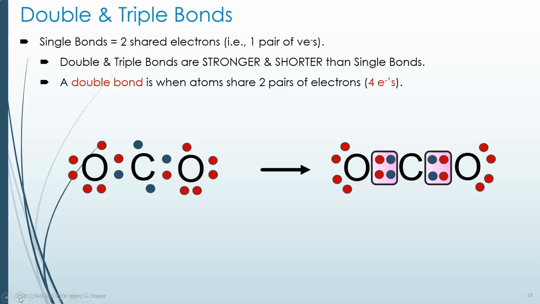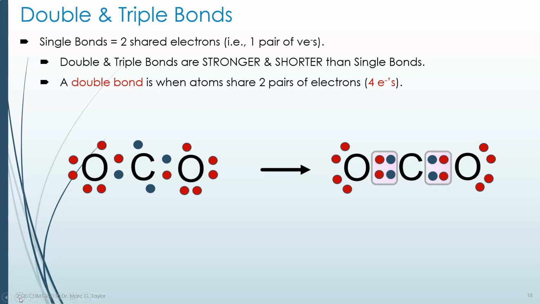By moving those electrons in the center between the atoms, you now have a double bond between each oxygen and the carbon. That is, you are sharing 4 electrons between the oxygen and the carbon on either side of the carbon. You'll notice that in the end, the carbon has no lone pairs, no pairs that are not involved in a bond. All of its pairs are involved in bonds, whereas the oxygen still has 2 lone pairs left over.